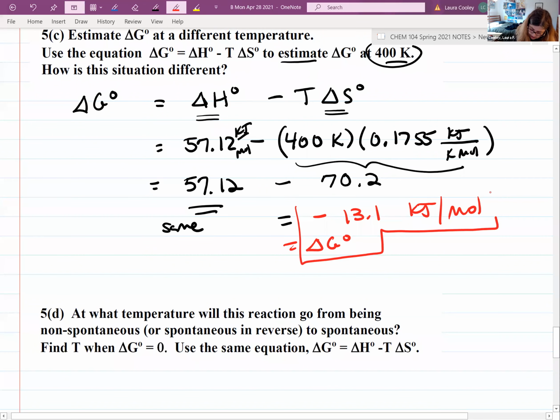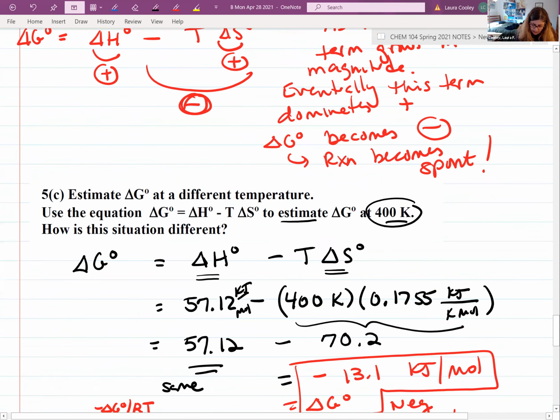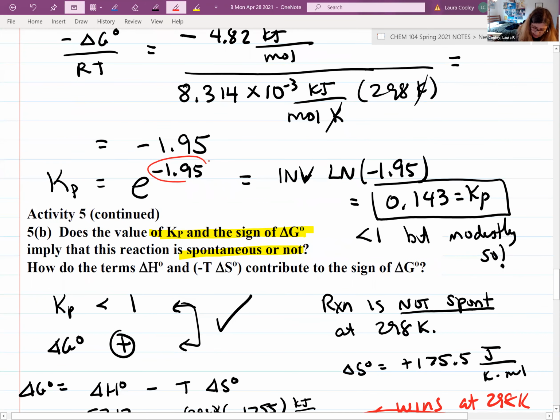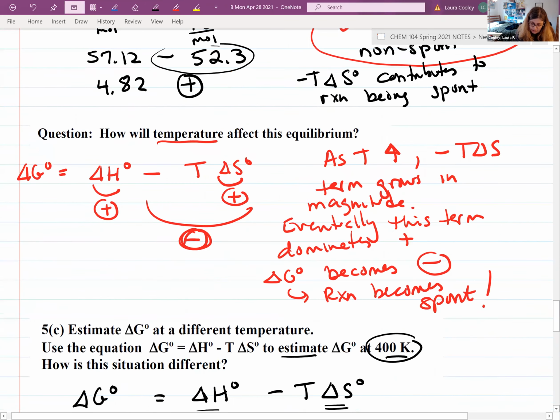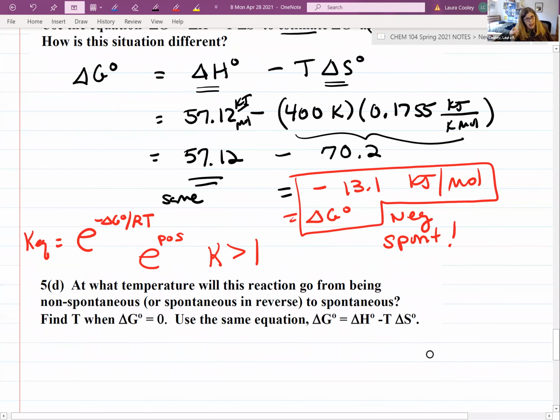So now the delta G0 is negative, so this is spontaneous. So what would happen if I found the K? Before, when I found my K, I had e to a negative power. Now, because the delta G0 has become negative, it's going to be e to a positive power. And so the K is going to be greater than 1 instead of less than 1. Well, I'm not calculating that, but that's what would happen.